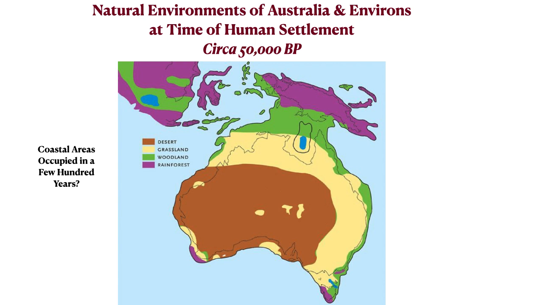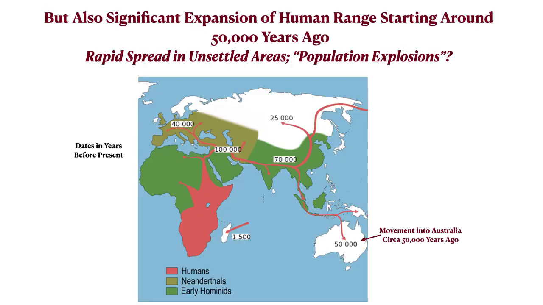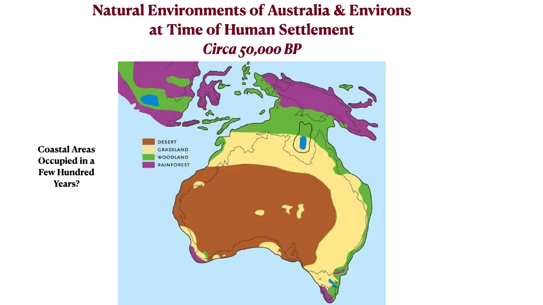So after this bottleneck, a new era of expansion is taking off. And also, if we go back to this earlier map, you can see about 40,000 years ago anatomically modern people entering Europe, occupied by Neanderthals. And then it's showing 25,000 years ago for sort of the central part of Eurasia, probably earlier than that.